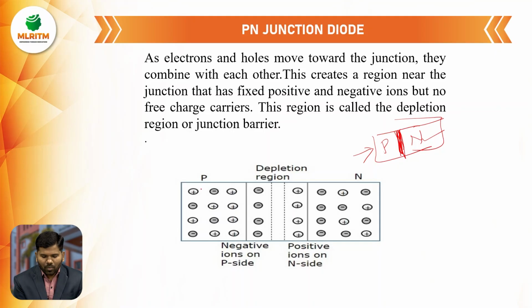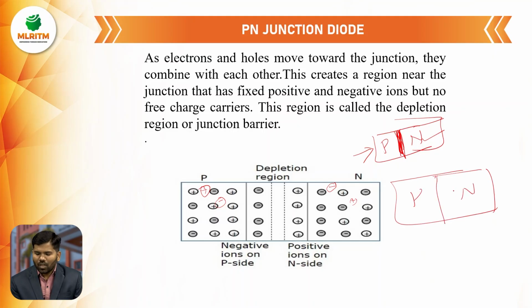We know that the majority charge carriers in p-type are holes and the minority charge carriers are electrons, while in n-type the majority charge carriers are electrons and the minority charge carriers are holes. After joining these two materials, a few electrons and holes move across and accumulate near the junction.